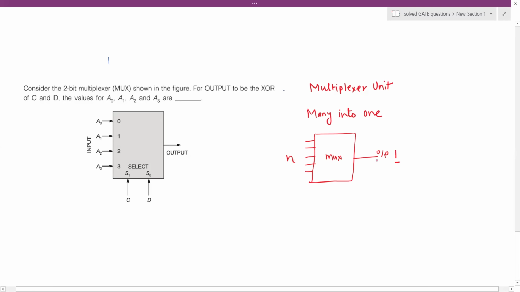Based on the selection line or the control, select or control here, you choose which of these lines gets connected to the output. So whatever the data in digital is, either 0 or 1, that gets connected to the output line.